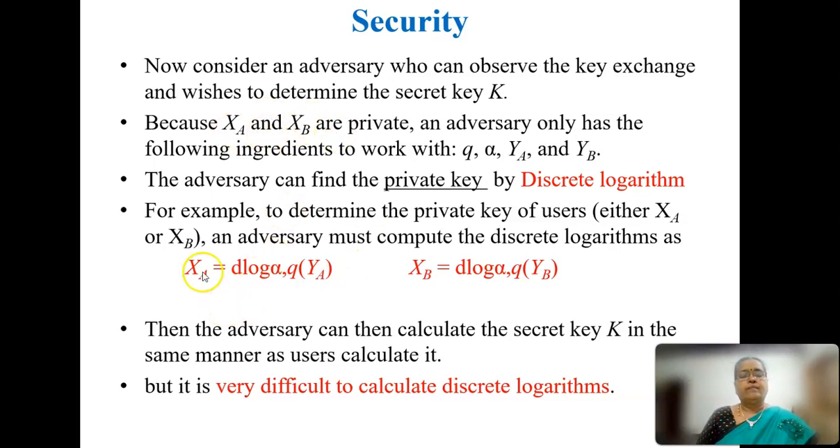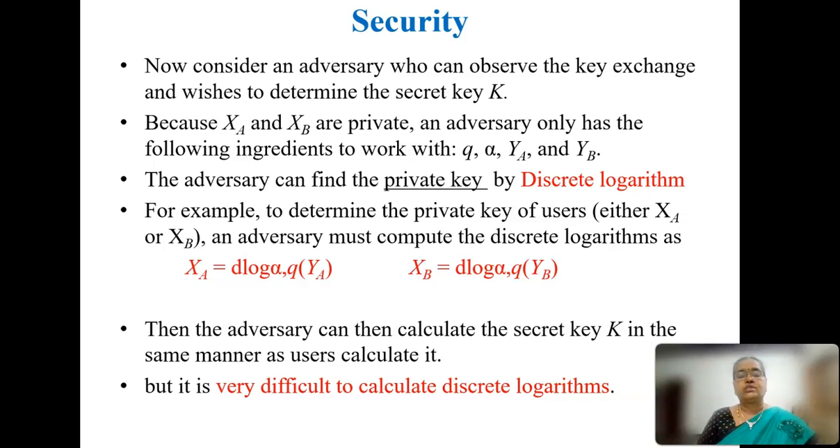We know that XA is equal to the discrete logarithm of YA to the base alpha mod Q, and XB is equal to the discrete logarithm of YB to the base alpha mod Q. YA, YB, alpha and Q are known to the hacker.